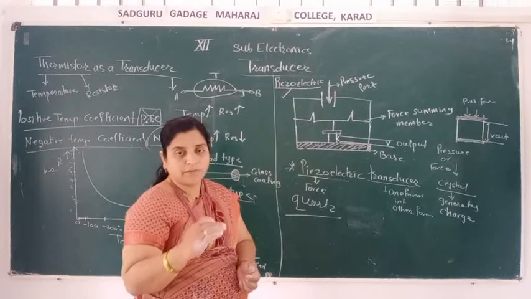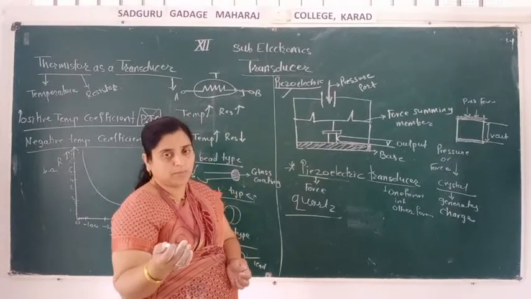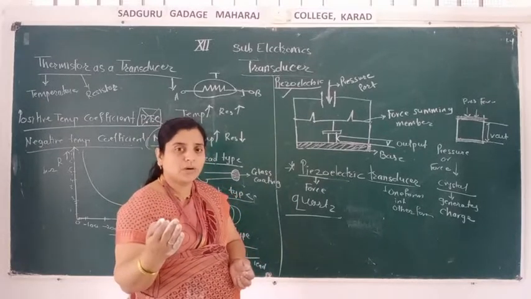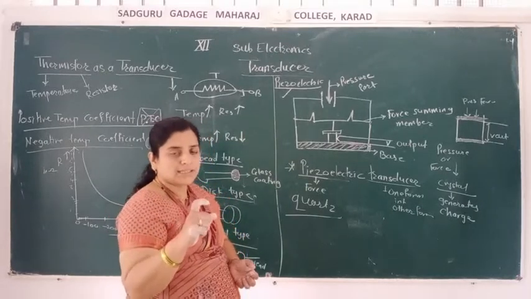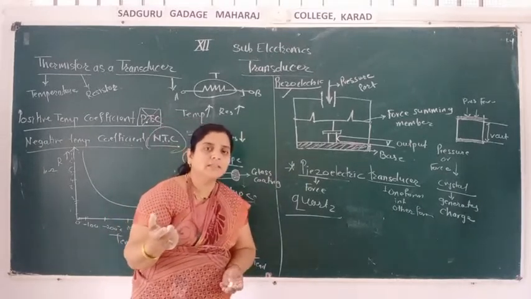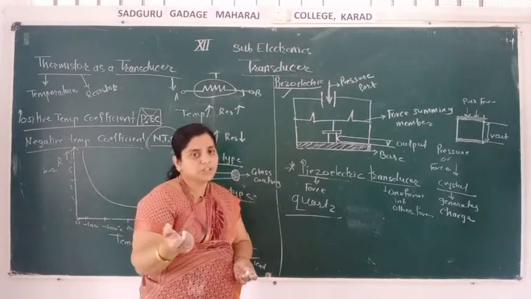Transducer is what? One form of energy is converted into another form. Piezoelectric transducer means if force and pressure are applied, then that is converted into an electrical signal, or into charge.